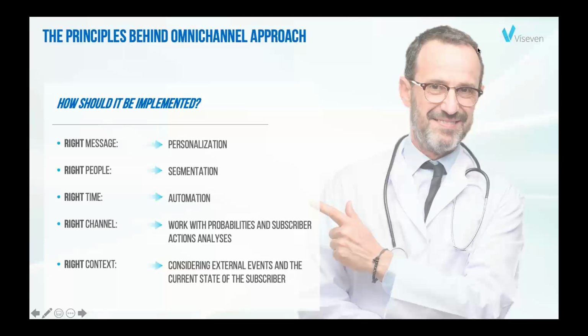But it's more relevant to look at his behavior and understand: did he open our email or not, or does he respond better to messengers or to call center activities, and so on. And the last one, but not the least, is trying to take into account the right context, meaning different external events that are happening around us.